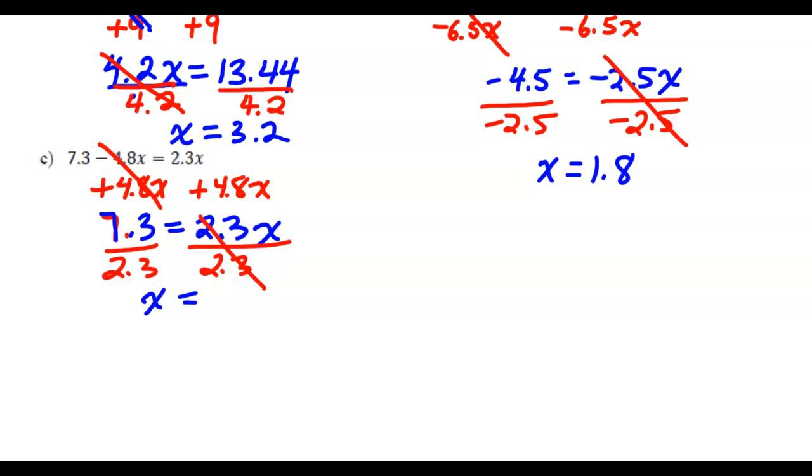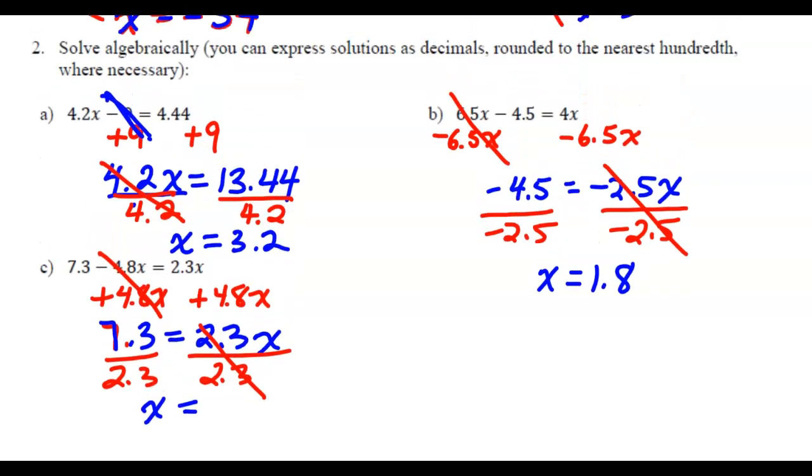Something, I think. 7.3 divided by 2.3. Yeah, so this one we're going to have to round. It tells us to round to the nearest hundredth.